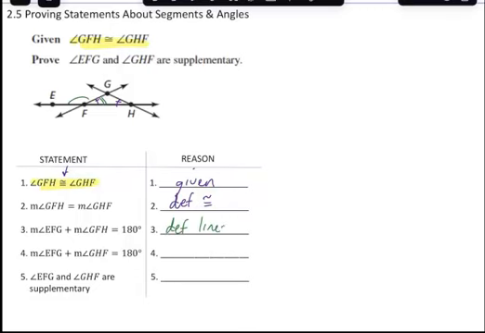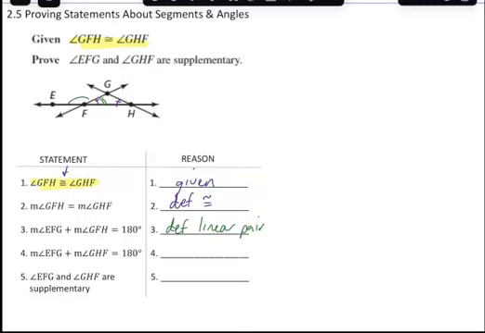This is an example of a linear pair. Remember, adjacent angles that are formed when lines intersect are a linear pair. And a linear pair, by definition, is going to be supplementary. They add up to 180 degrees. So for this justification, you don't have to write that whole relationship out. You just state definition of linear pair will give you that statement.